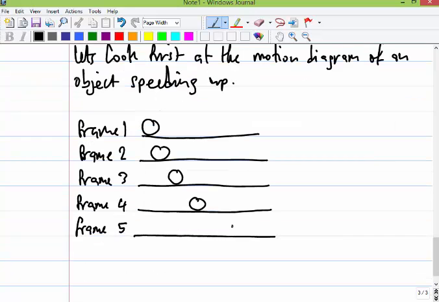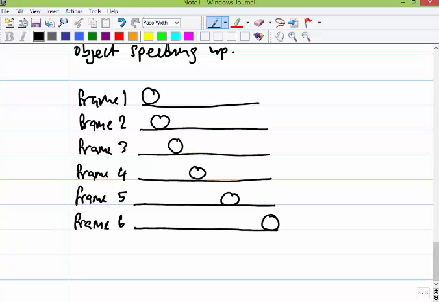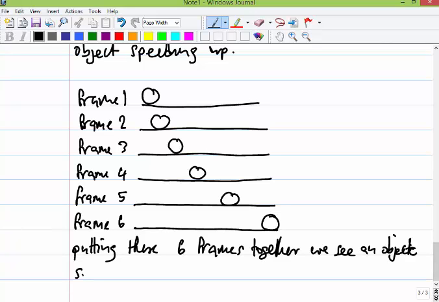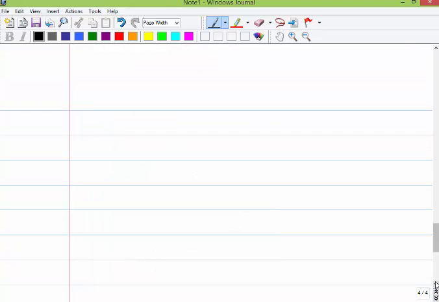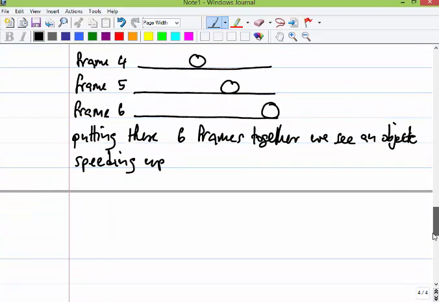Frame 5, the object here. And let's take frame 6, object somewhere here. So putting it all together, we see an object speeding up. This is an example of non-linear motion. So I draw this here. The object starts off initially with small intervals, and they get larger as the object speeds up. So this is an example of speeding up.